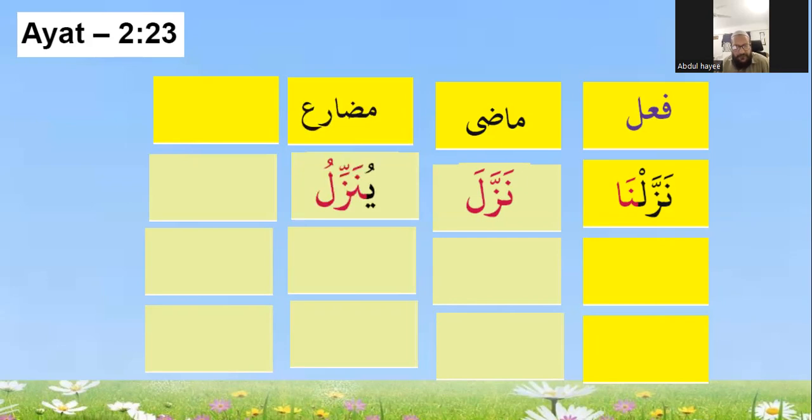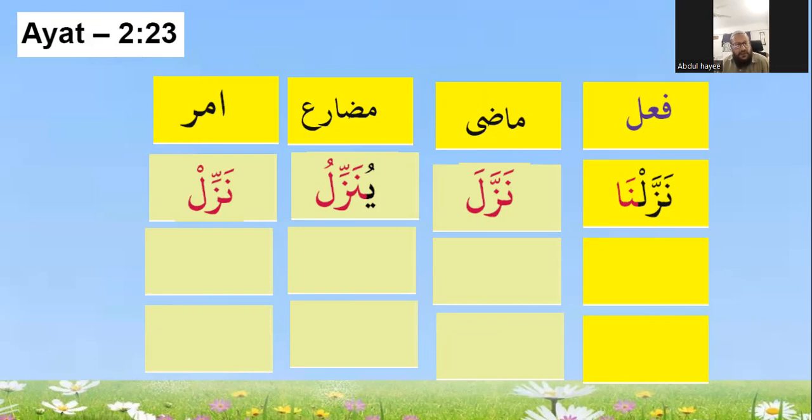Yunzilu. It will have dhamma, because the madi is a four-letter word. So the mudare will take dhamma on the ilamat mudare: yunzilu, with a kasra on the za. And the amr will be anzil.